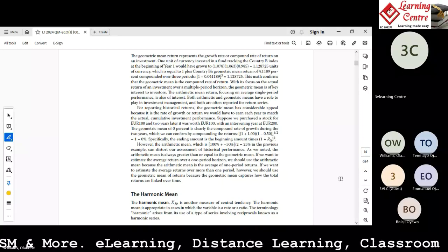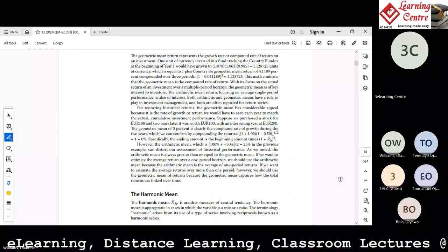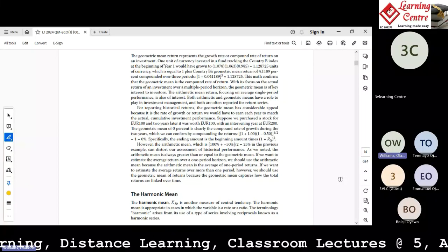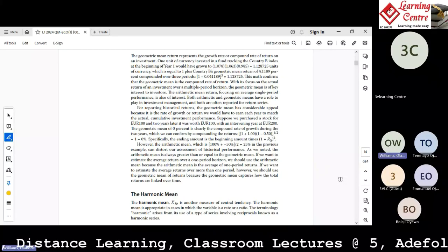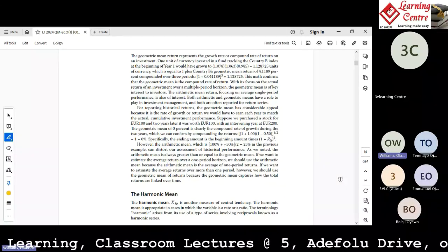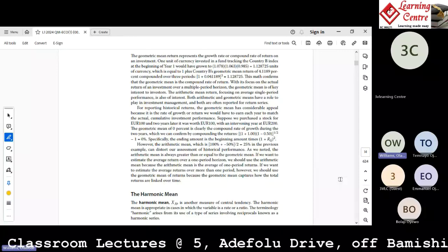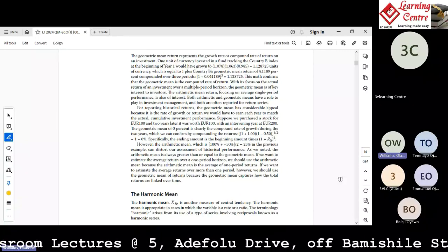Okay. Typically, the variability of the data set you have determines the difference between the arithmetic mean and the geometric mean.